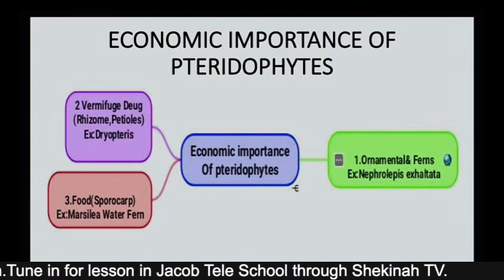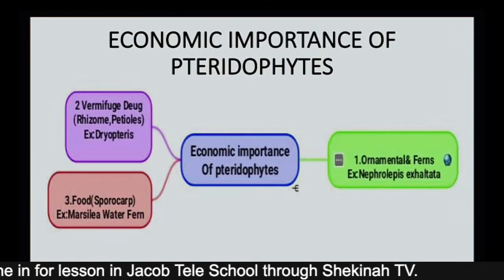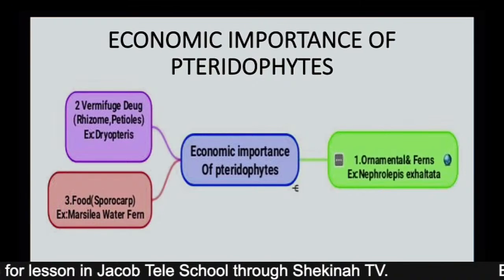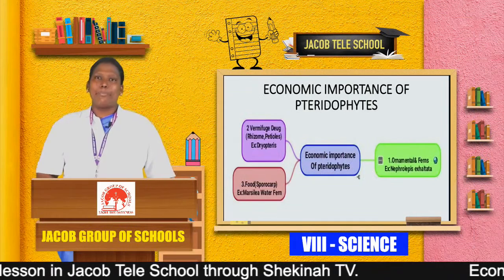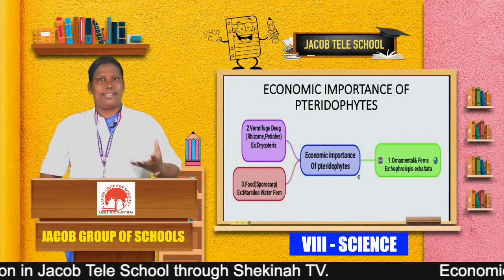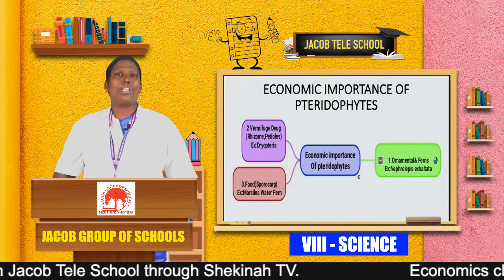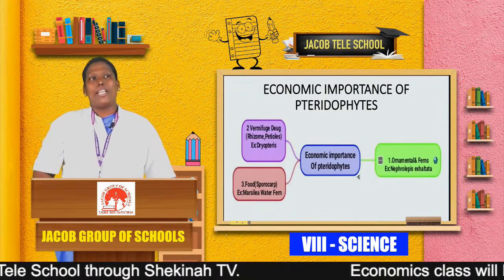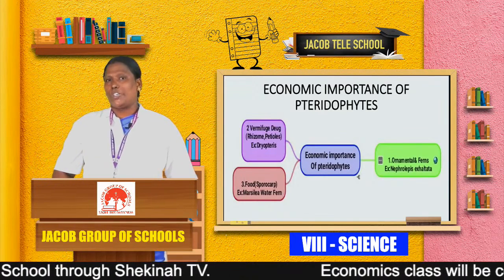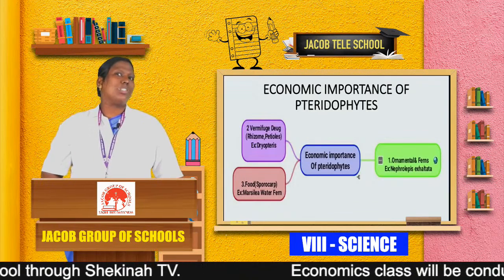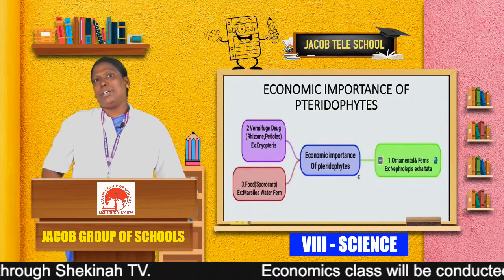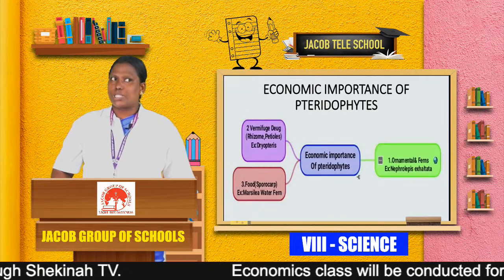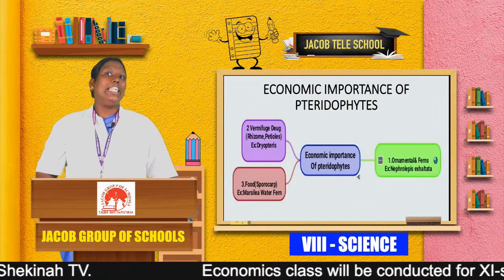Number 2, here I mentioned in the purple color, vermifuge drug, rhizome and petioles of Bryopteris. What is vermifuge? The medicines that are used to kill the worms in the intestine are called vermifuge. Rhizome means underground stem, petiole means the leaf stalk.